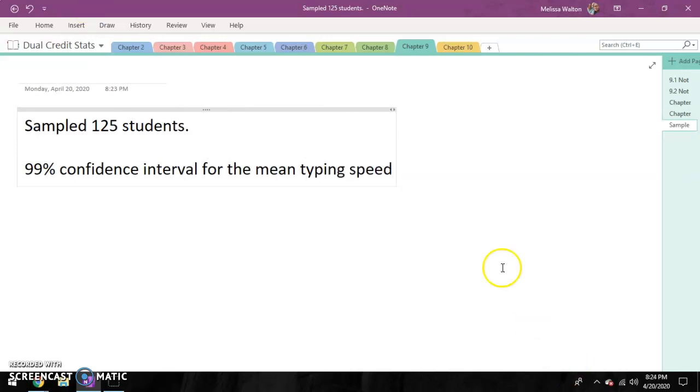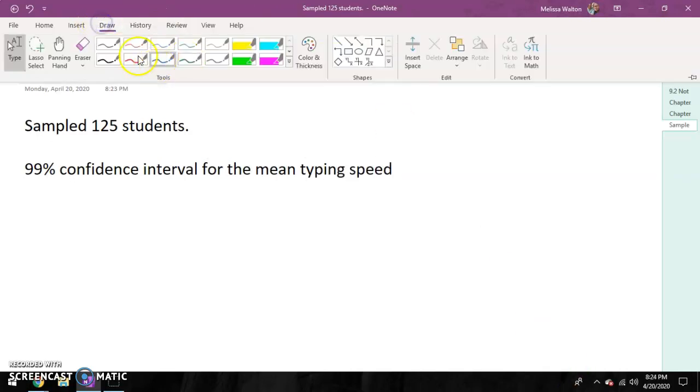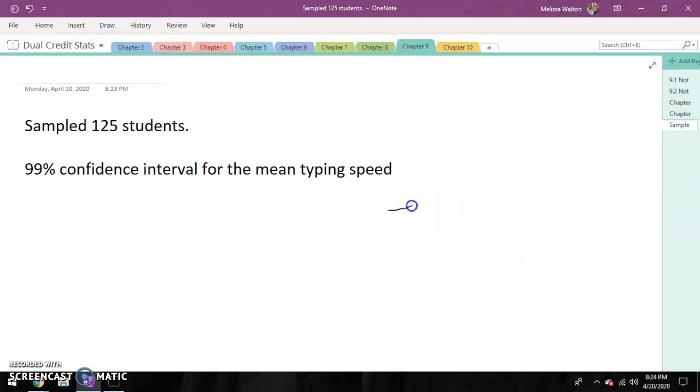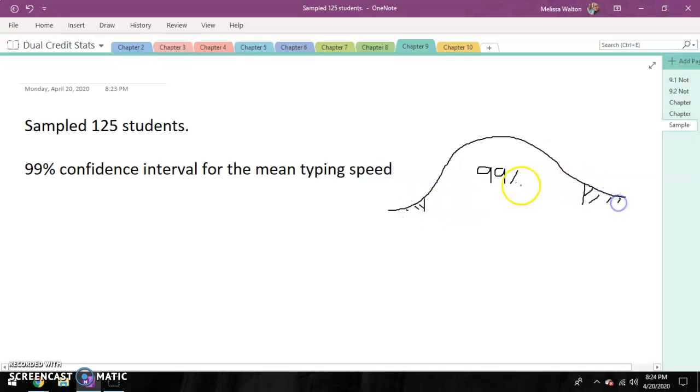I'm going to go ahead and just draw kind of a sketch. Pretend that that was better than it is. So a 99% confidence interval means that I want 99% in the middle. What is left for my two tails? Well, there's 1% total between those two, which means that there is only 0.5% left on each tail.